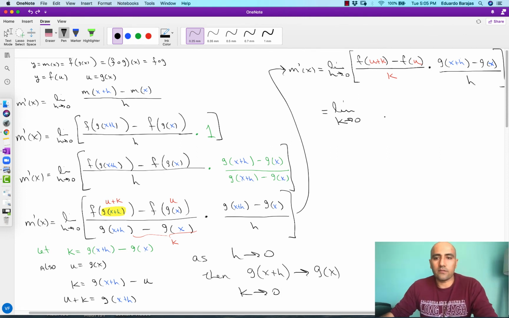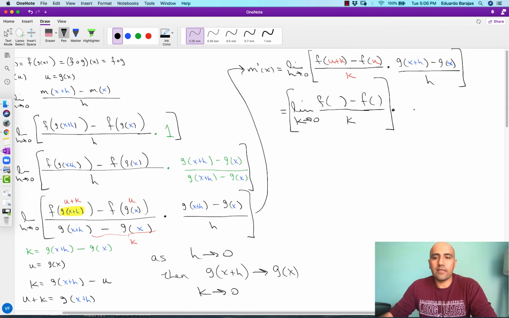Oh, actually, no, let's do it this way. k goes to 0 of f of blank minus blank over k. And then the second one, which is g. So I'm going to say that this breaks down into this limit times the limit of the second one.